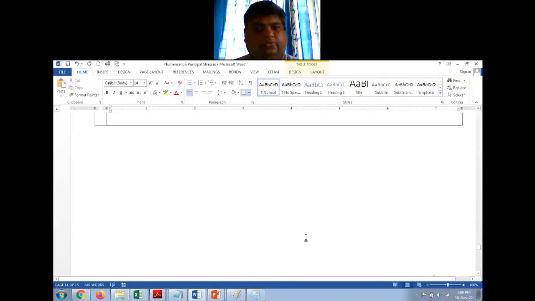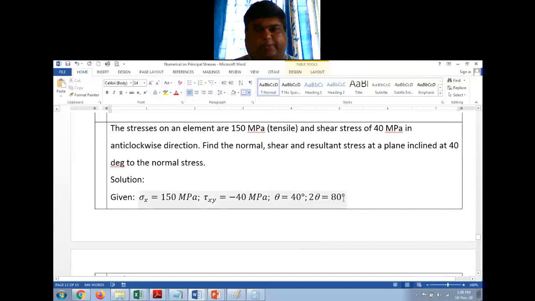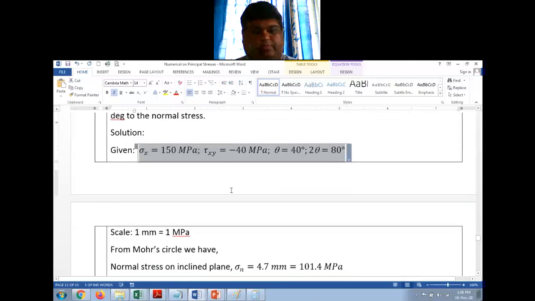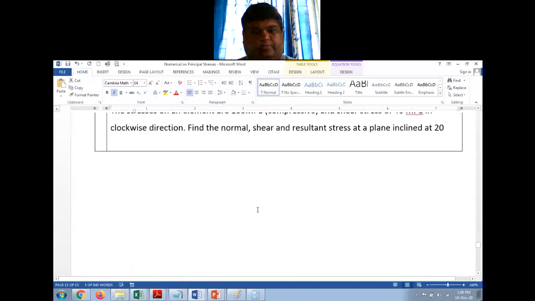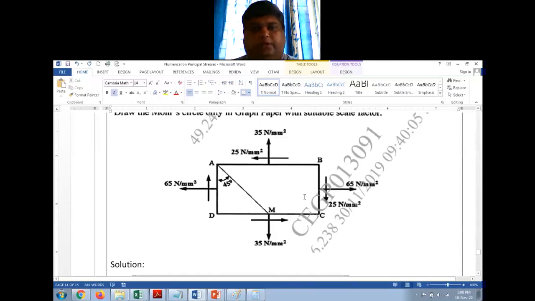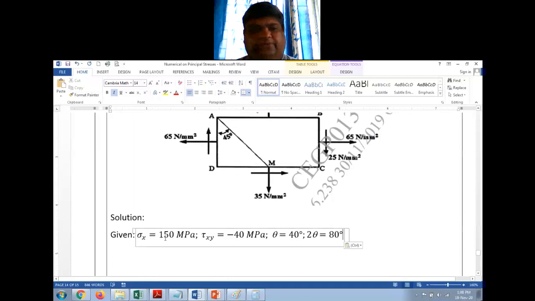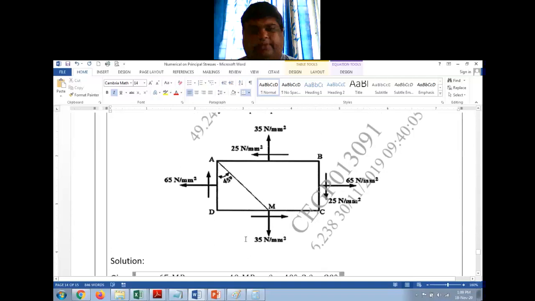So, let me just copy this. Given: from this, sigma x is 65 megapascal.